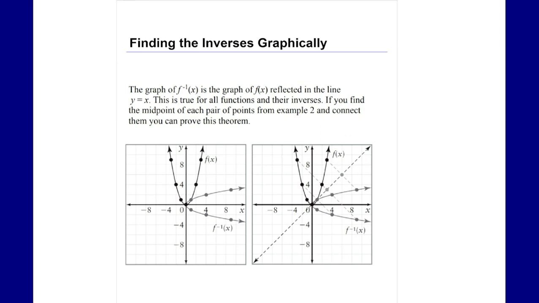If you find the midpoint of each pair of points, say from example 2, and connect them, you can prove this theorem. Essentially, the midpoint is always going to end up on that y equals x line. So you see an example here, going back to that quadratic. We can use colors.